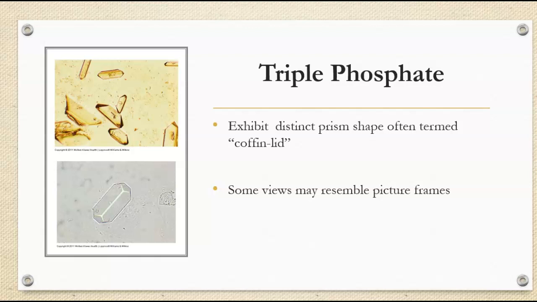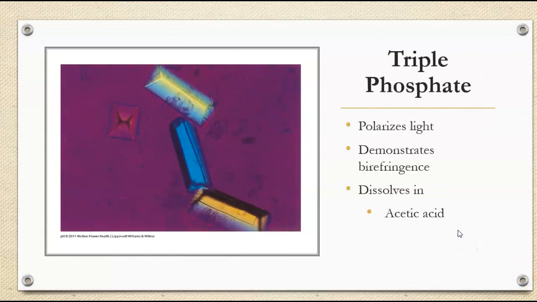Sometimes you can see broken-up picture frame edges. If you put these together, you could form a picture frame. They polarize light. Isn't that beautiful? I actually have a little piece of jewelry that looks like that. That's kind of funny. Good wall art. It will demonstrate birefringence, and it will dissolve in acetic acid.